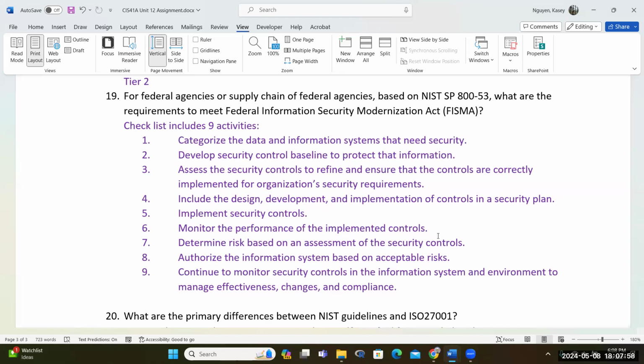And then we know that those risks exist, so we have to accept those risks. Sometimes we can transfer those risks to another entity, like an insurance company. But in the case that we cannot, we have to accept those risks. So we want to authorize the information system based on the acceptable risk.